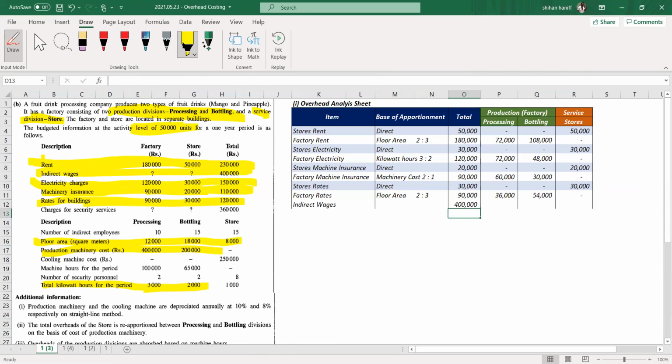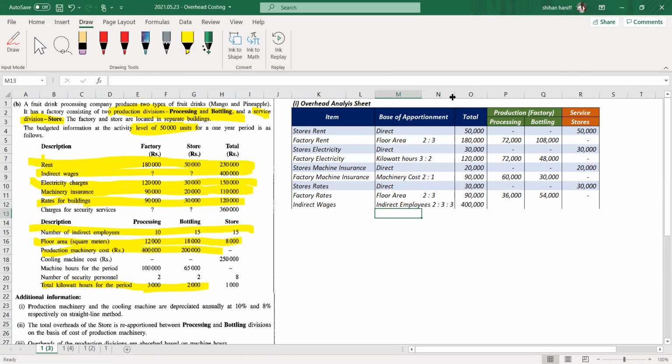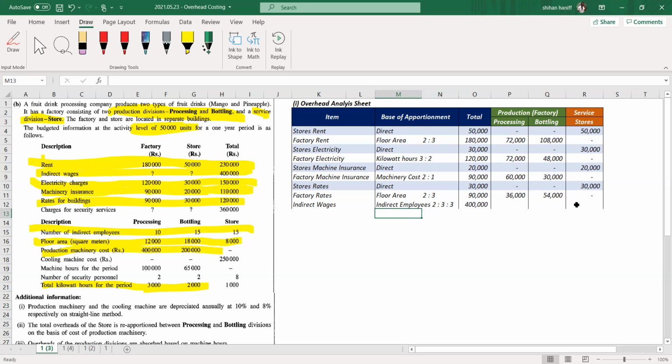It's the number of indirect employees. So the base is 10 is to 15 is to 15. That is 2 is to 3 is to 3. So for all three.